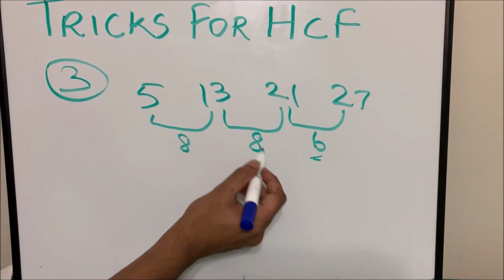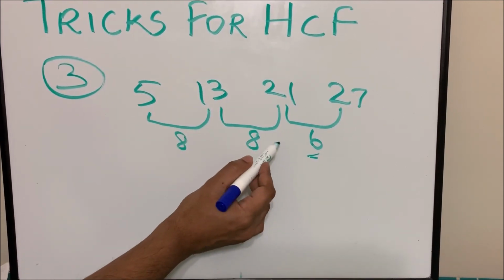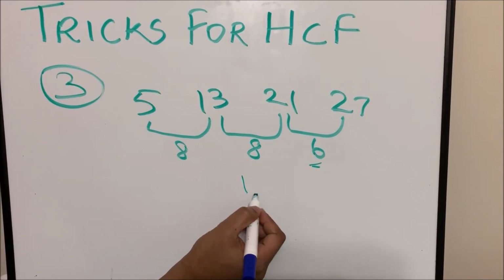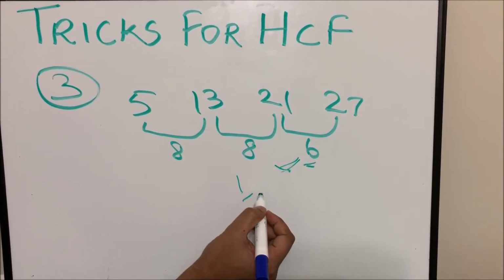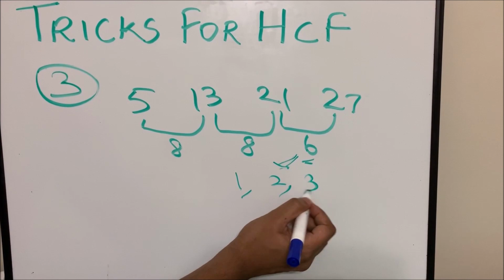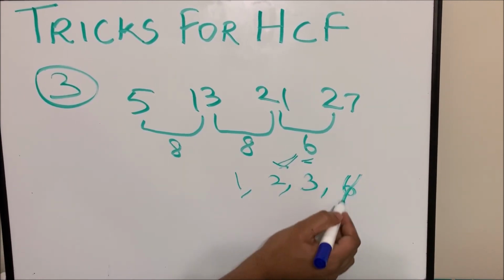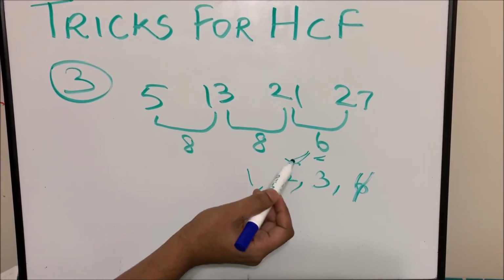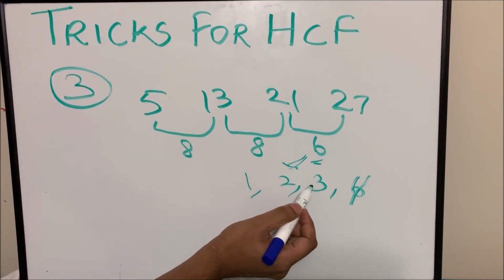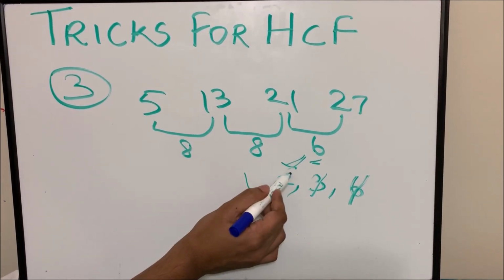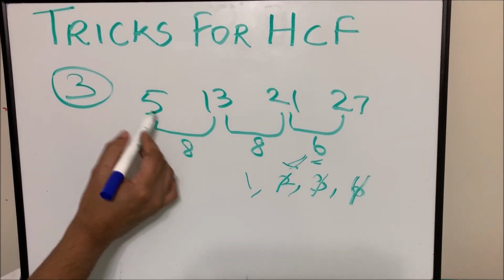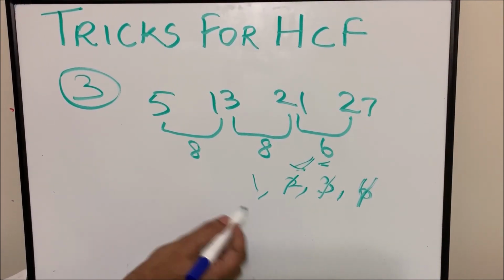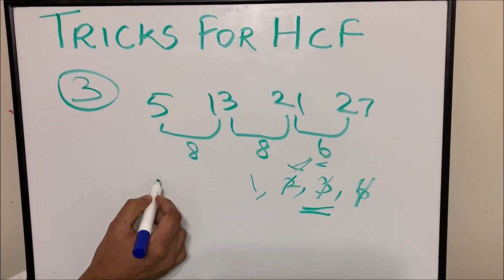So as we saw, if any number is not divisible, then we need to see the factors. So factors of 6: 1, 2, 3 and 6. 5 is not divisible by 3 and by 2, none of these, and 5 and all other numbers are divisible by 1. So in this case the HCF is 1.